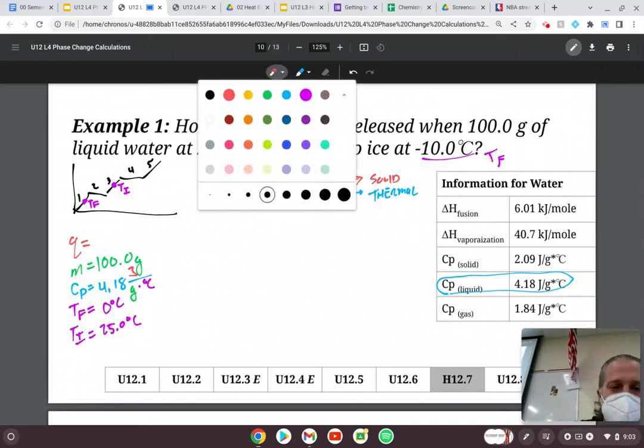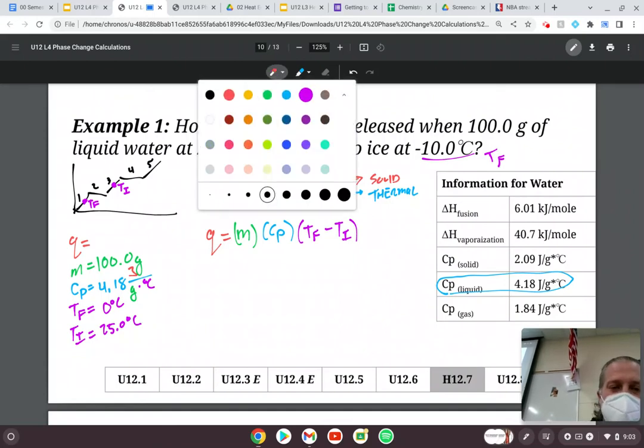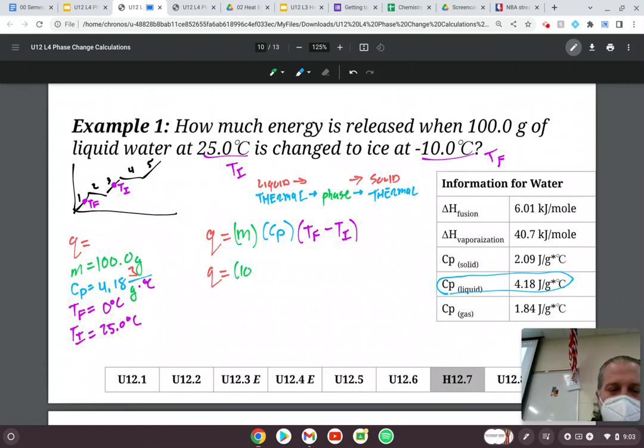So when I plug this in, I'm going to have Q is equal to mass times specific heat times, in this case, the change in temperature, which will be TF minus TI. So I'm going to plug in what I have. The mass is 100 grams.